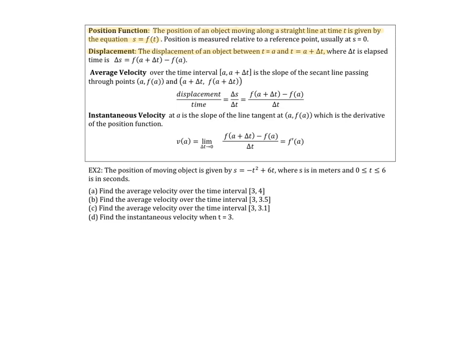Remember, delta t is the elapsed time and delta s is our displacement. The average velocity is given by the change in displacement over the change in time. And then the instantaneous velocity is given by that limit.